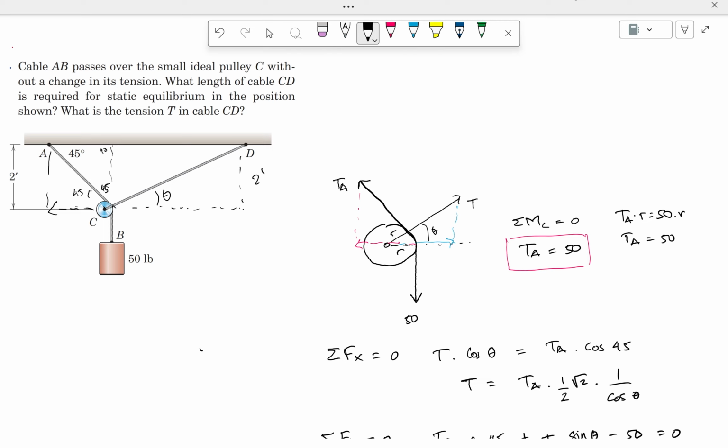So what is the length? Sine theta equals 2 inch divided by the length. So length is 2 inch divided by sine theta, which is 2 divided by sine 22.5. It should be equal to 5.23, and that is the length of the cable.